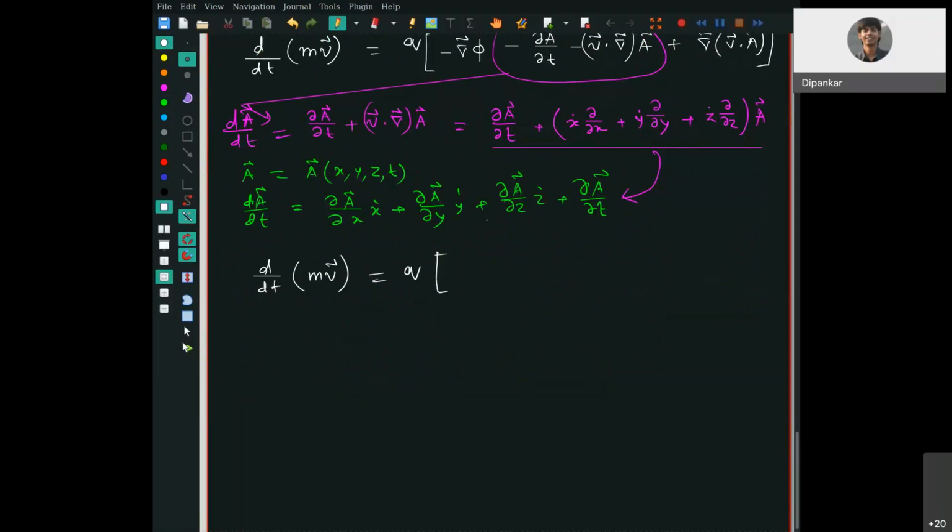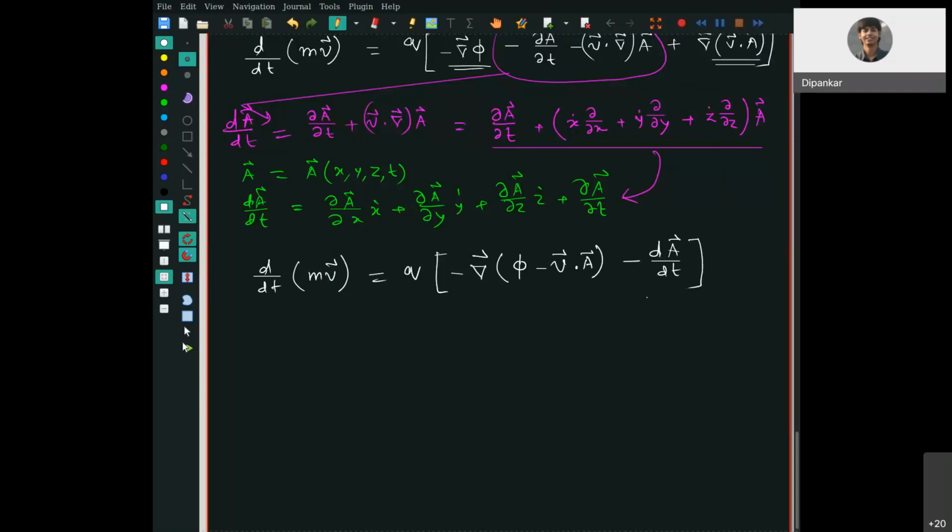So I will group first this term and this term here. So I would say minus grad of phi minus v dot a, minus dA/dt. Okay.